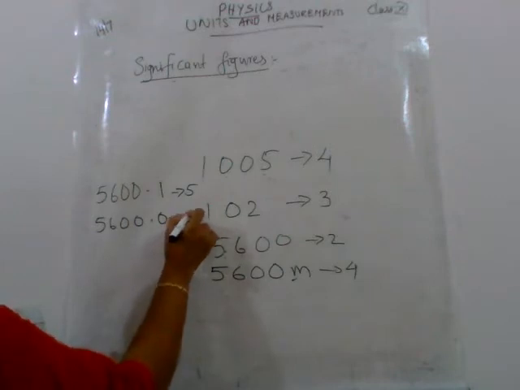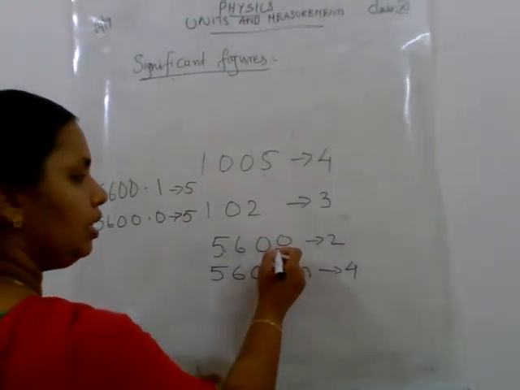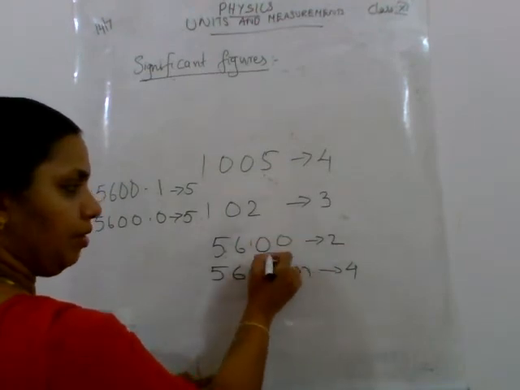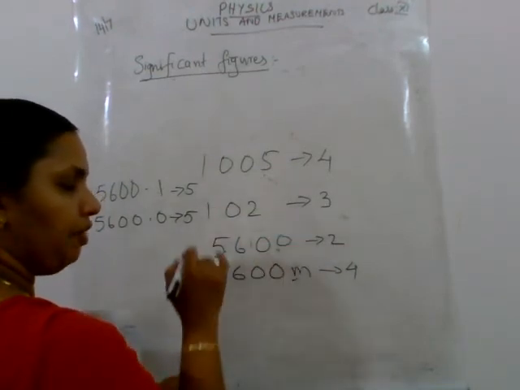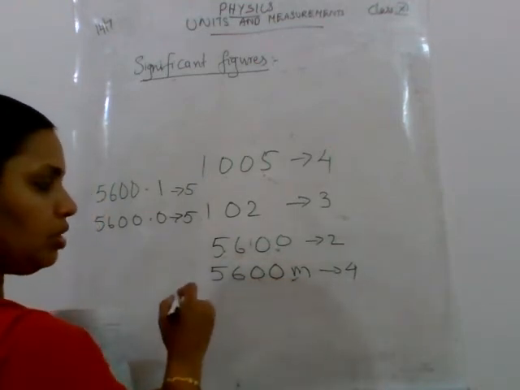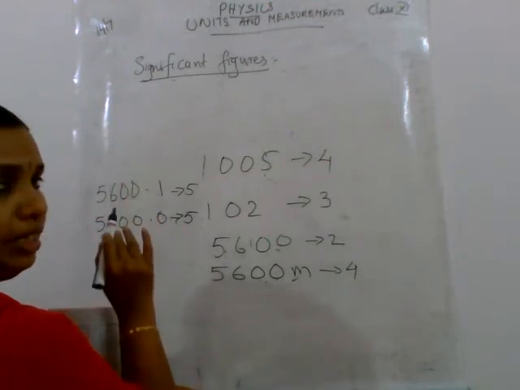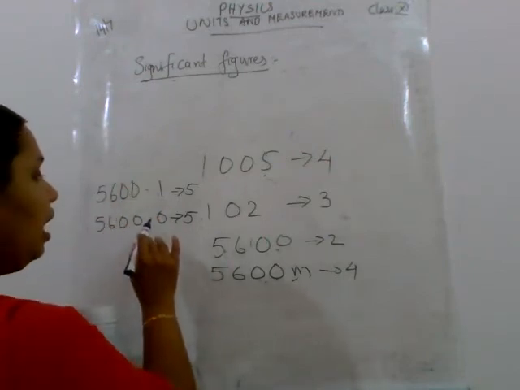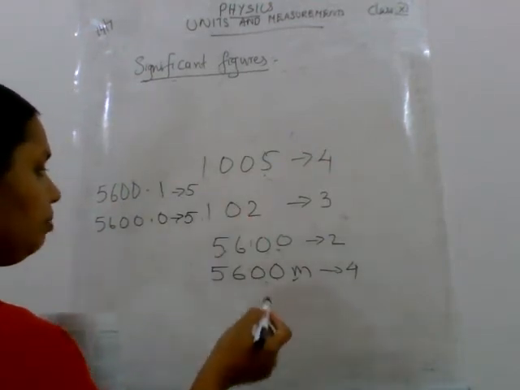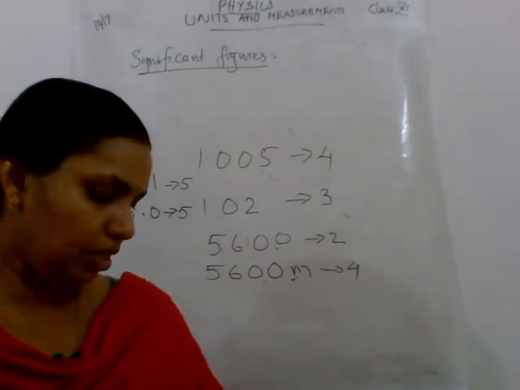There are 5 significant figures. But here only the zeros are not considered significant figures. Here the unit is written, so both the zeros are also significant figures. Here the decimal point comes, so zeros are significant figures, and the 0 after the decimal is also considered a significant figure.